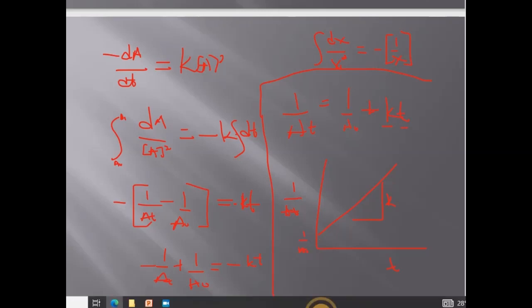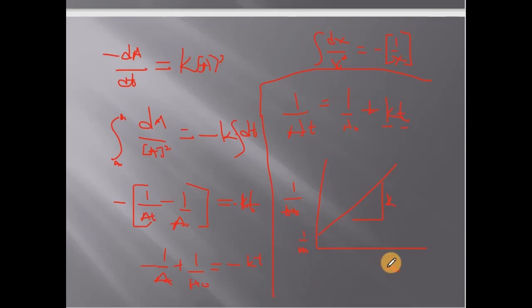So that's how basically we can derive the integrated rate law. So if you have a graph of 1 over At against t and you have a positive intercept, you can now conclude that the reaction is what? A second order reaction. Let's see how we can solve sample examples.